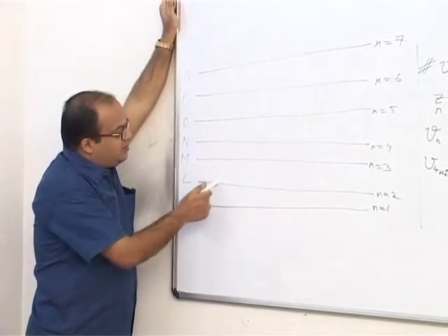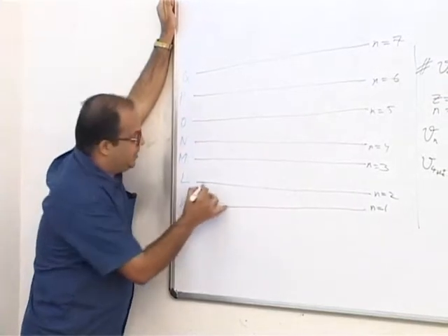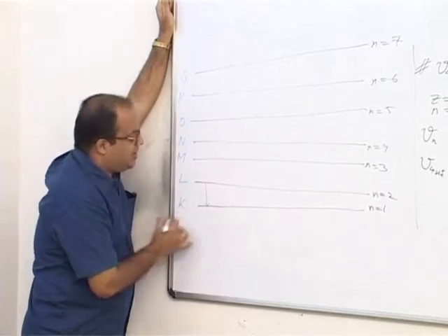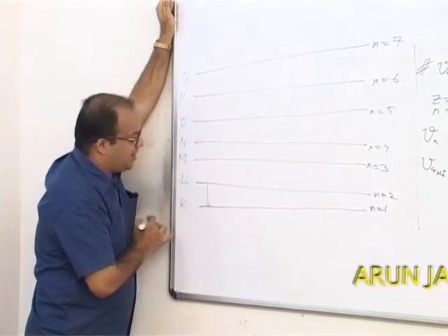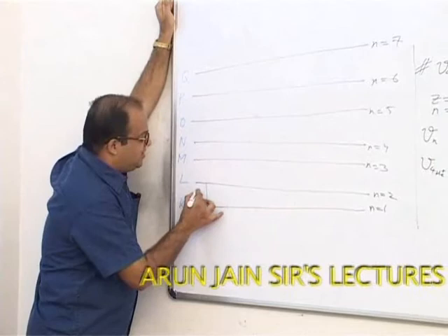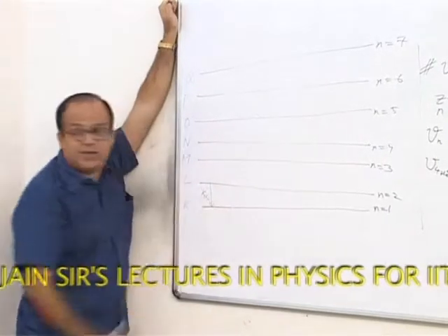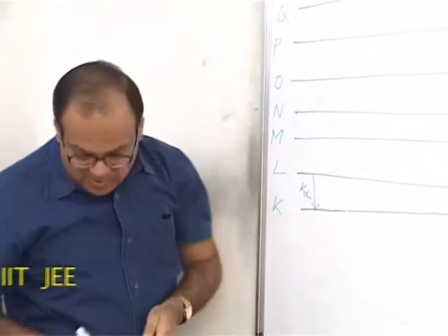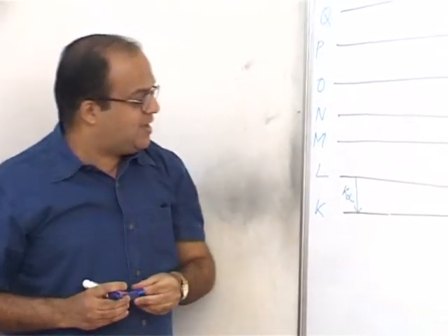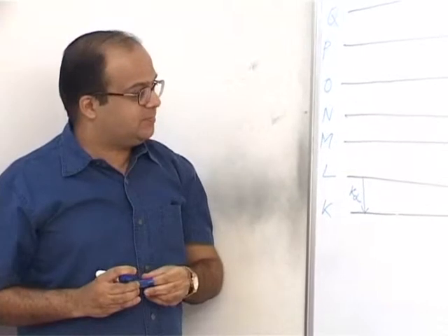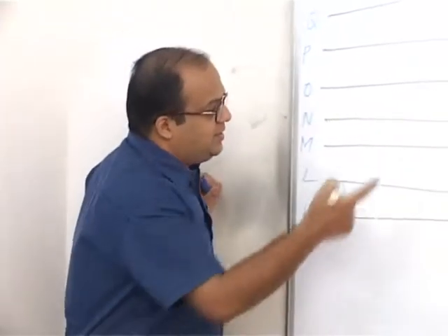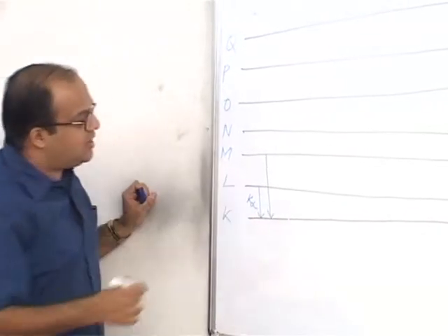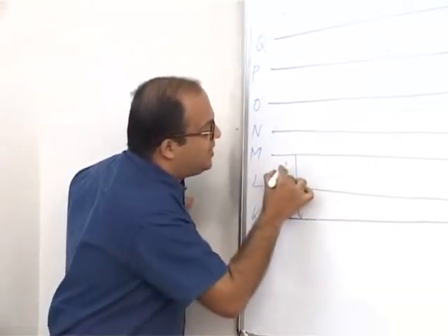Suppose the electron has come to n equal to 2. It will jump back immediately and emit a radiation. When the electron jumps from the second orbit to the first orbit, the radiation emitted is known as K alpha line. When the electron jumps from the third energy level to the first, we get the K beta line.